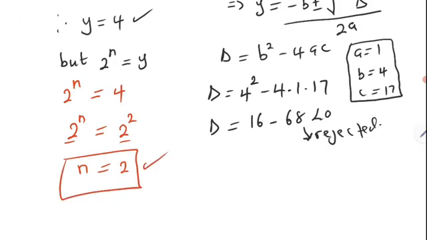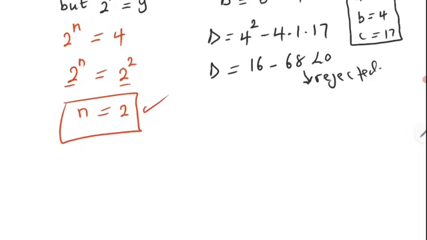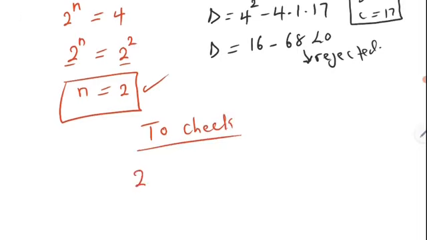We may check to confirm if this answer is right or wrong. Let's check. To check, we have the given equation 2 raised to power n plus 8 raised to power n is equal to 68.